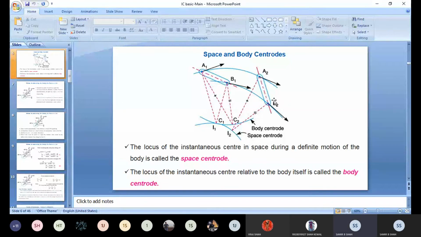Similarly, if a number of positions of the link A1 B1 are considered and a curve is drawn passing through these instantaneous centers, say I1, I2, and then I3, I4, the curve so obtained is called a space centroid.